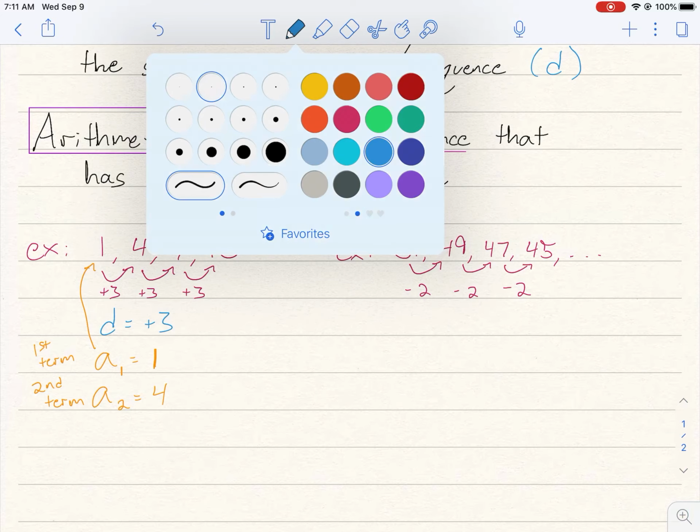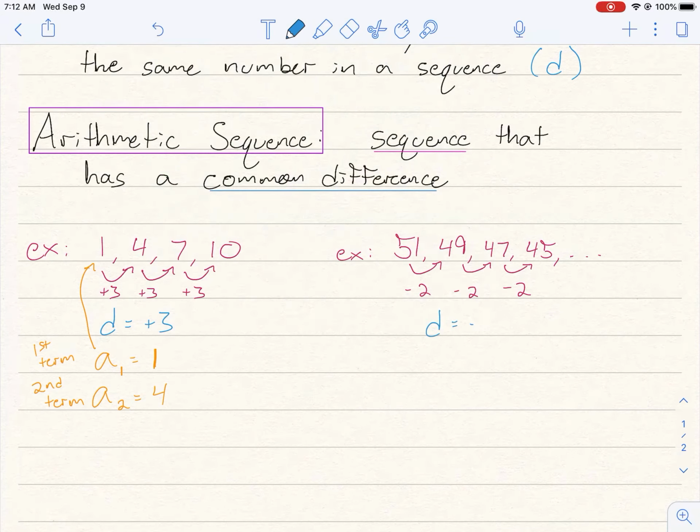So your common difference here, d, is negative 2. Now notice that I put positive 3 for the first example and negative 2 for the second example. It is very important that you note whether it's positive or negative by saying that you're adding 3 or subtracting 2 here. Now let's also define a sub 1 is 51, and I'll do a sub 2 as well just for fun. That's 49.